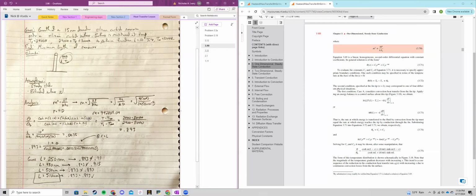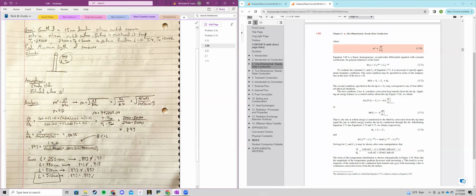We are trying to solve for the length, so we're going to plug in x equals L. So here, L minus L, cosh of 0 is going to be equal to 1. And then sinh of 0 is going to be equal to 0.